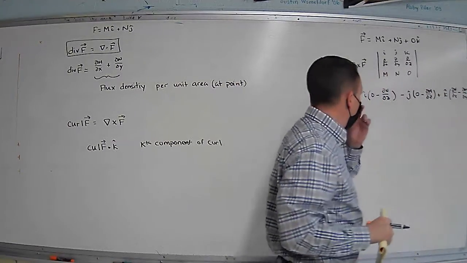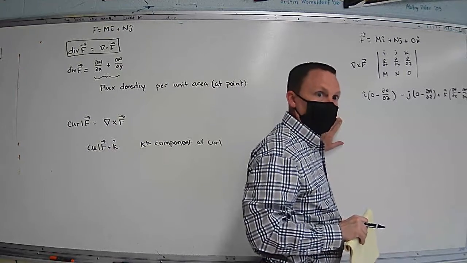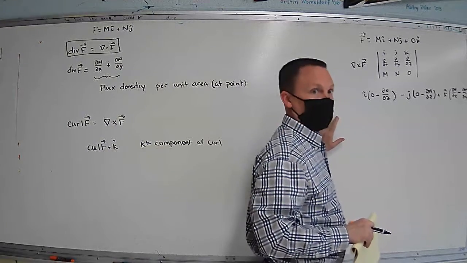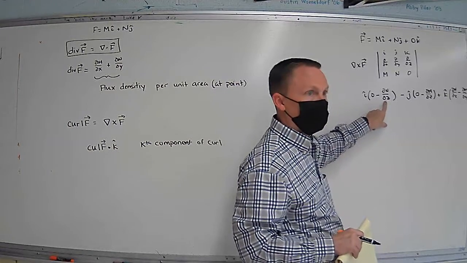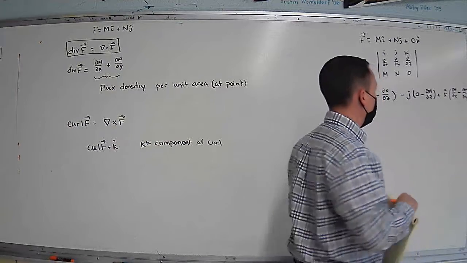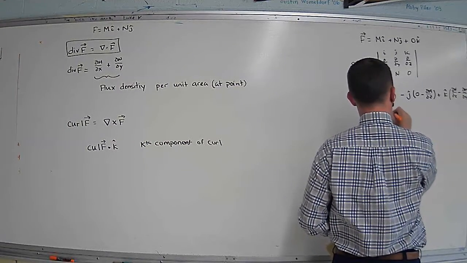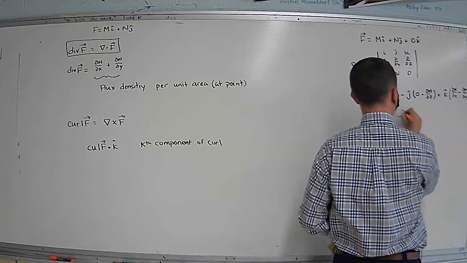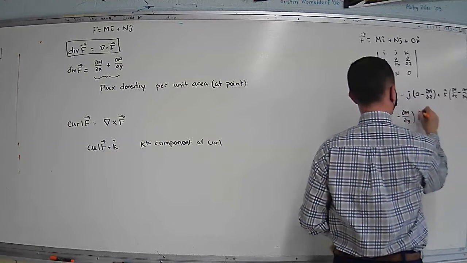Now, if your vector field is only in the xy plane, what is this? 0. And what is this? 0. So you're really looking at partial N with respect to x minus partial M with respect to y in the k direction.